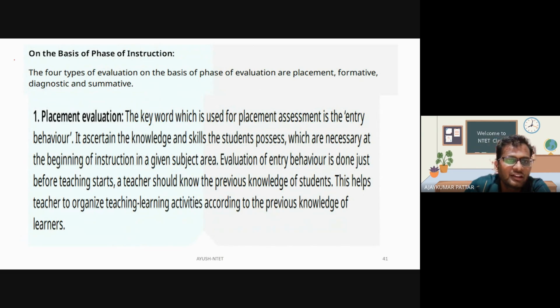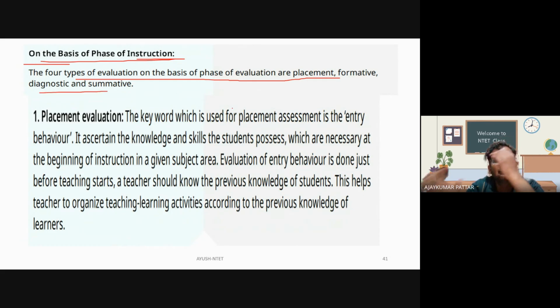सो अगर इस एवेल्युएशन को फेज ऑफ इंस्ट्रक्शन के ऊपर हमने क्लासिफिकेशन करना है, तो there are 4 types of evaluation on the basis of phase of evaluation: placement, formative, diagnostic and summative. क्या है फेज ऑफ इंस्ट्रक्शन? मतलब इंस्ट्रक्शन और टीचिंग, we are using, कौन सा फेज में आप एवेल्युएट कर रहे हैं दैट लर्नर को, दैट स्टूडेंट को.